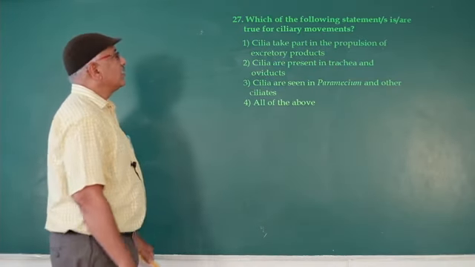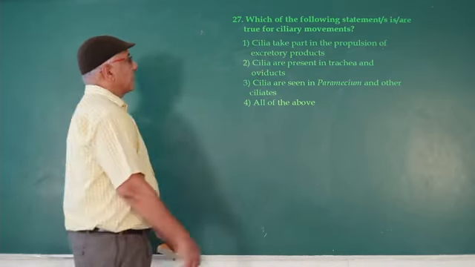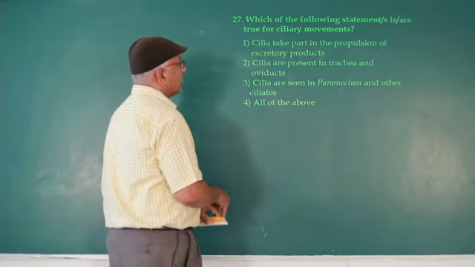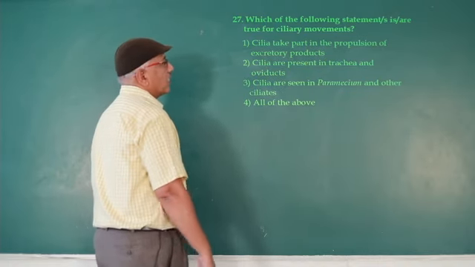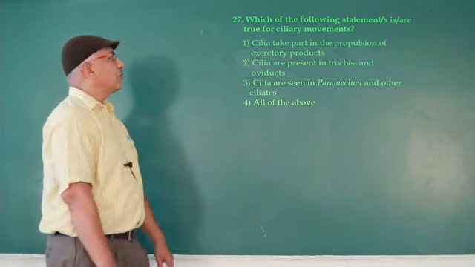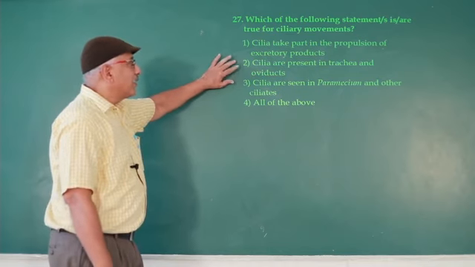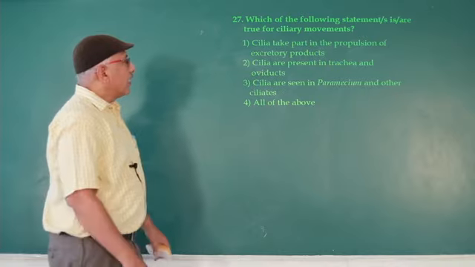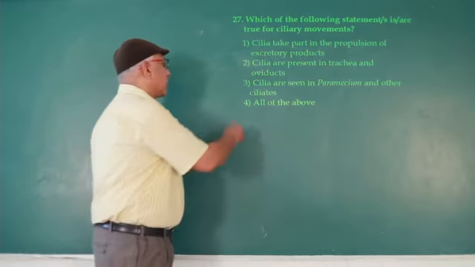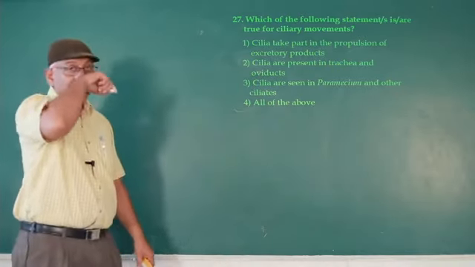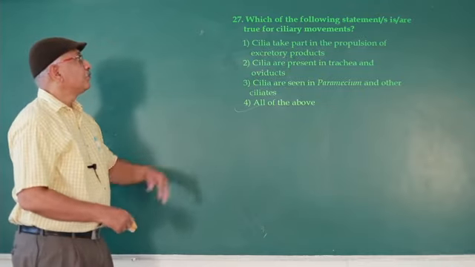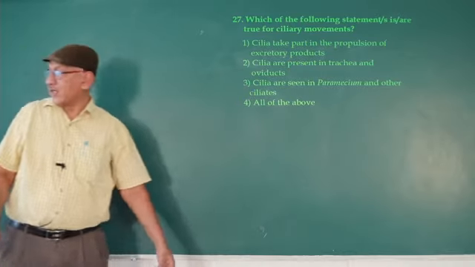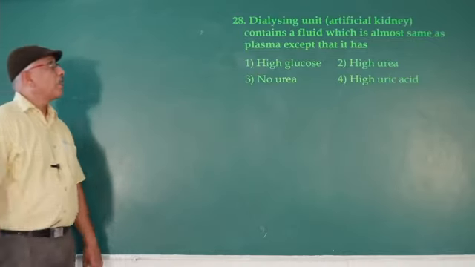Cilia are seen in Paramecium also. All are correct. They help in the movement of fluids, genital material or excretory material.